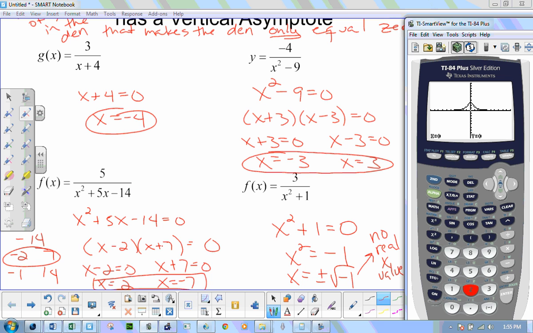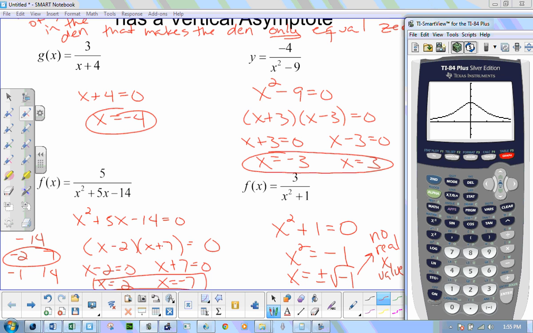I'll zoom in just to reiterate it, and you'll see here that there is no vertical line that's going to break the graph. I'll even zoom up a little here. It looks for a second like there is, but I'll change the y max to 6, and you'll see that that is not a break or discontinuity in the function.